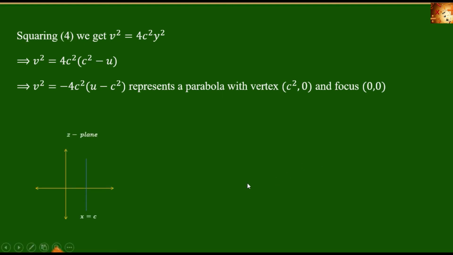This is the line x equal to c in the z plane. It maps onto a parabola opening to the left side, with vertex at c square, 0 and focus 0, 0. So the straight line x equal to c is mapped onto a parabola in the w plane.